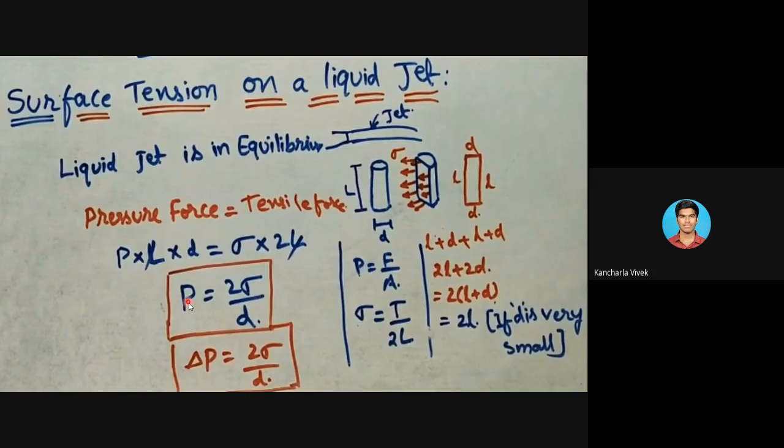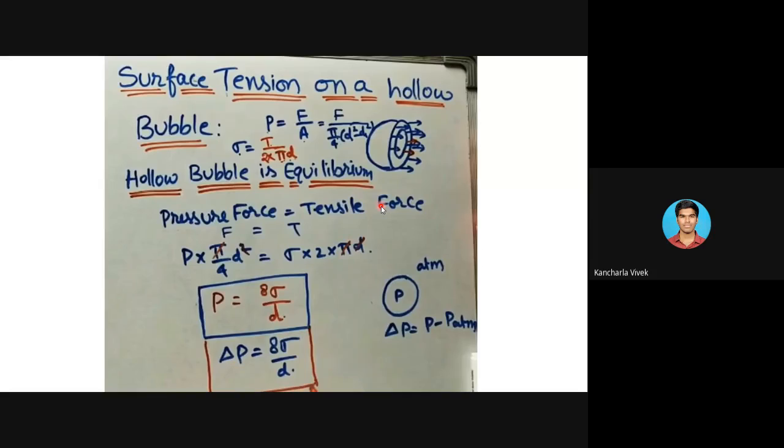So when we need P, that is 2 into sigma by D. So in some cases, we also go for the change in pressure acting on twice the surface tension acting over the diameter of the liquid jet. So in this case, it is half.